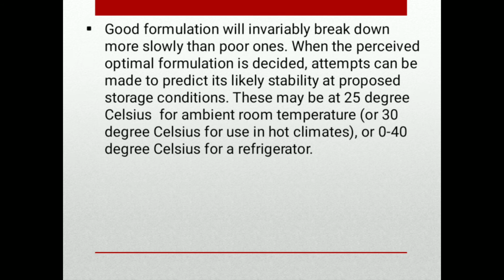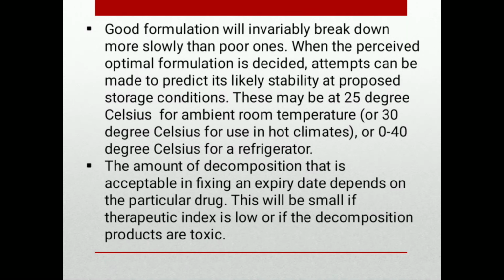This may be at 25 degrees Celsius for ambient room temperature, or 30 degrees Celsius for use in hot climates, or 4 degrees Celsius for refrigerator. Then the amount of decomposition that is expected in fixing an expiry date depends on the particular drug. This will be small if the therapeutic index is low or if the decomposition products are toxic.